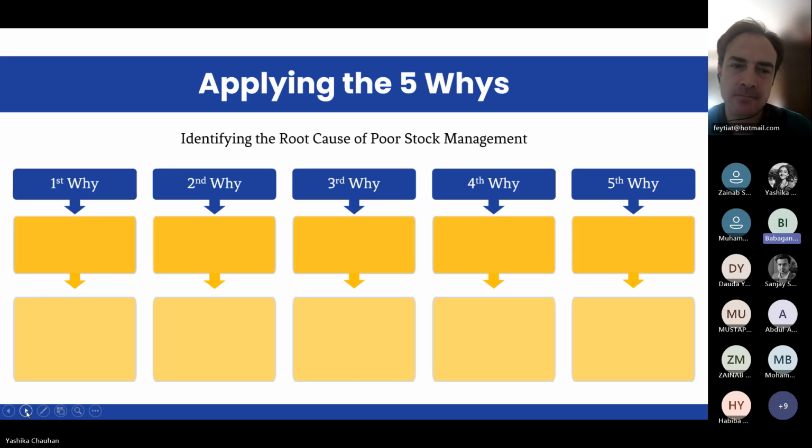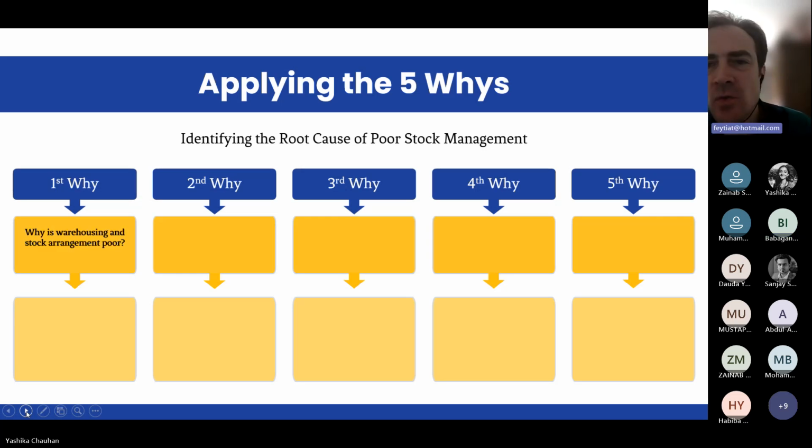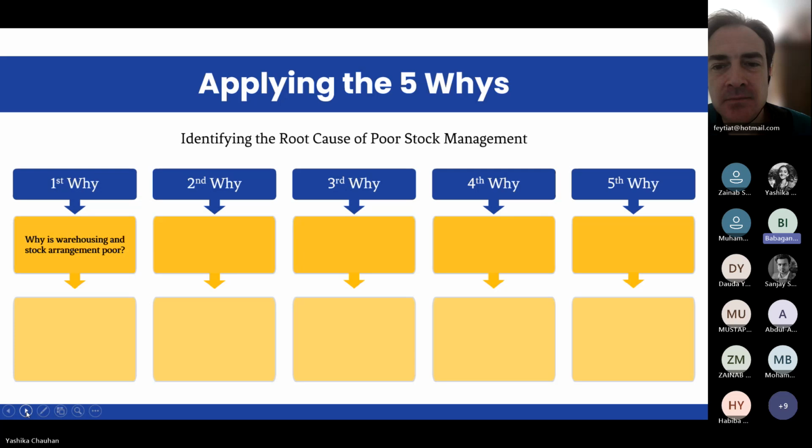So the first why here is, why is warehousing and stock management arrangement so poor?